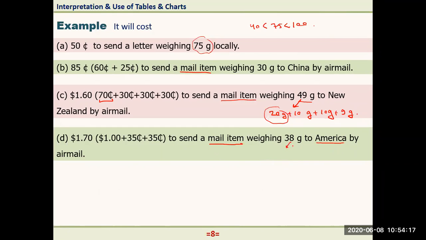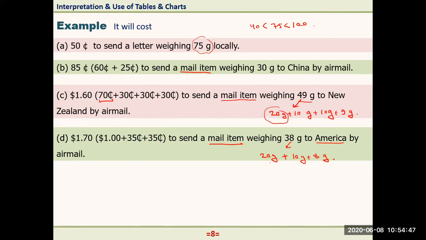So the first 20 grams, it is 100, plus for additional 10 grams, 35. So here we have 10 plus 8, right? For this first 20 grams, we have to pay $1. For additional 10 grams, 10 grams means up to 10 grams. This is how you should understand. It is 35 up to 10 grams. So altogether, it is 1.70.